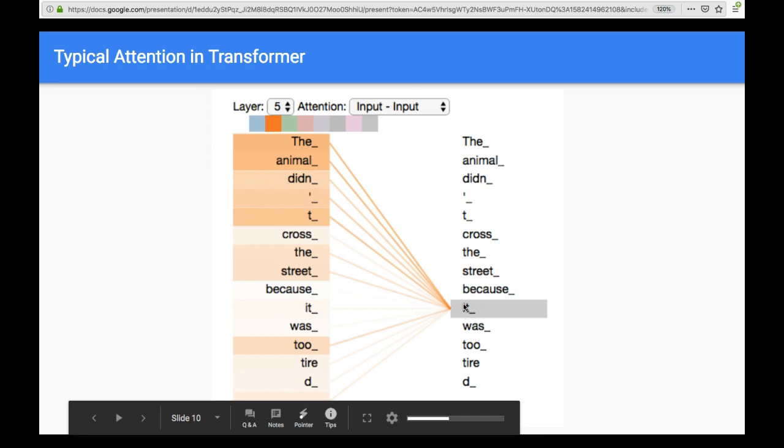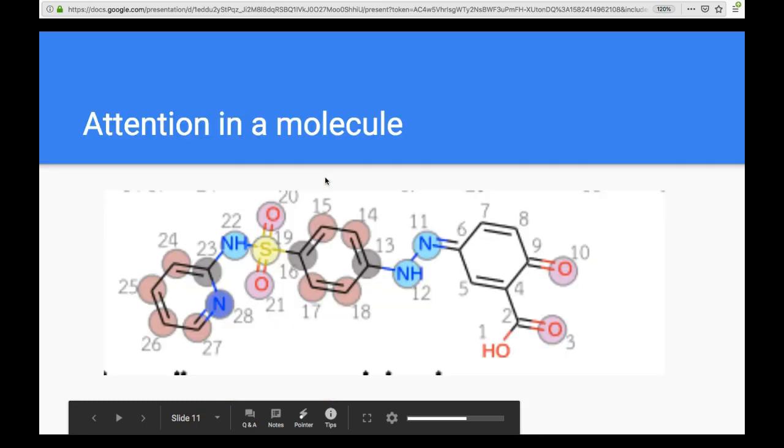For example, this one encodes a coreference relation between words, and there will be some attention heads that encode other semantic relations or syntactic relations among words. So there will be a lot of different kinds of interword relationships being modeled by the attention mechanism here.